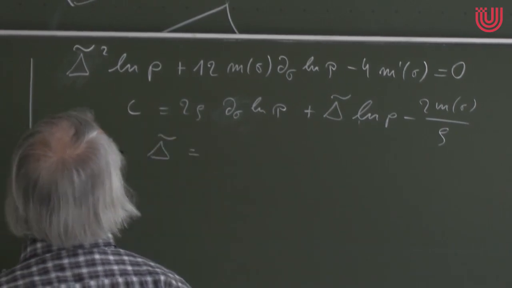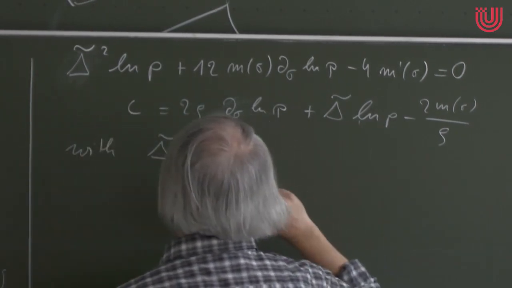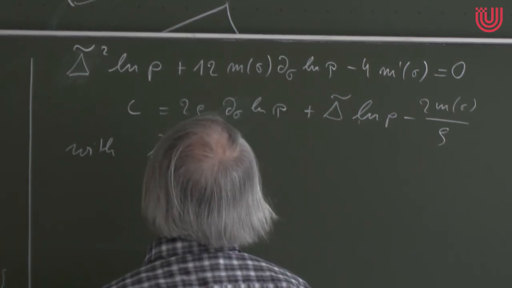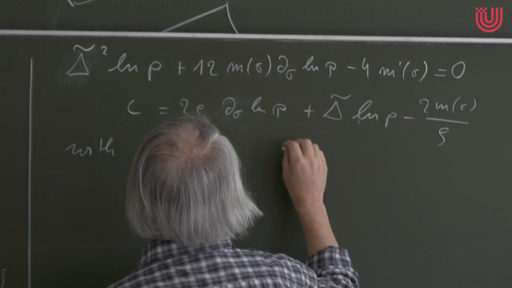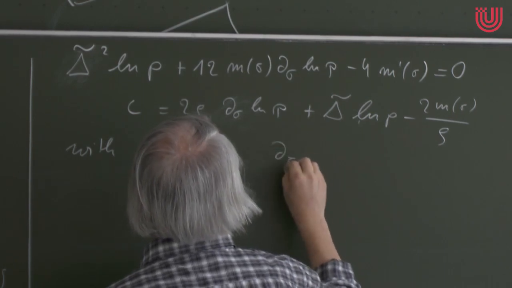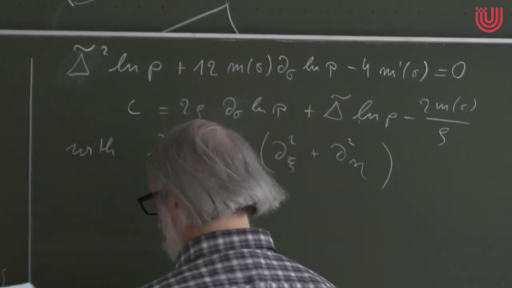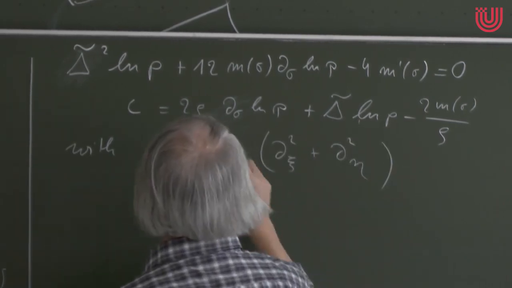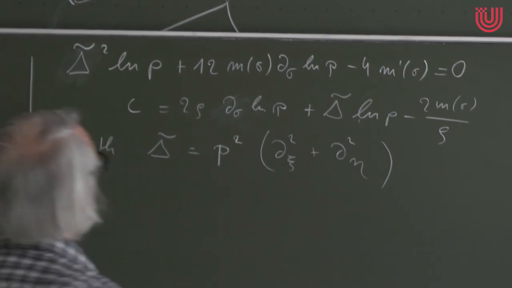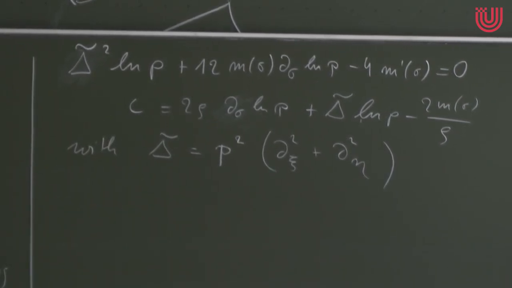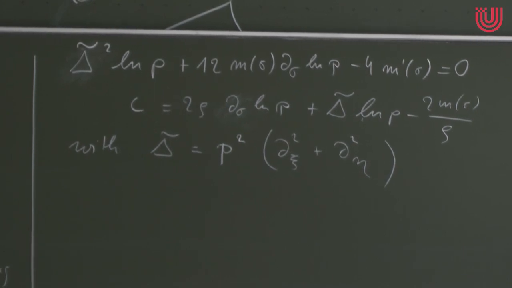This is a modified Laplace operator on the 2-space transverse to the rho and sigma surfaces. So it is a second derivative with respect to psi, plus the second derivative with respect to eta, but it's modified by a prefactor, which is P squared. So it's an operator that lives on these two-dimensional surfaces, which we assume to be spheres, actually.